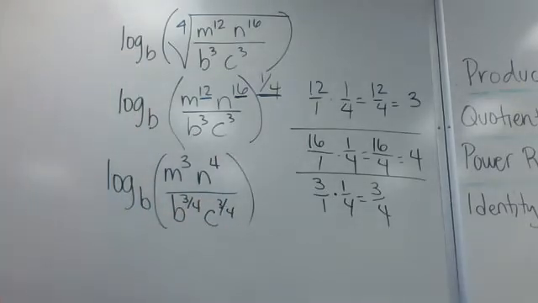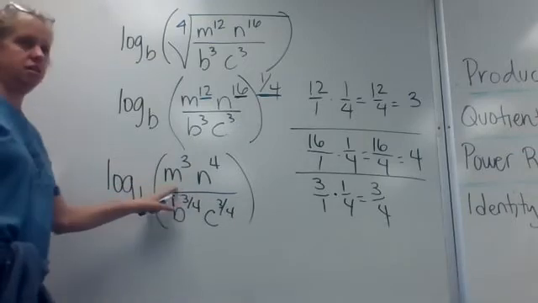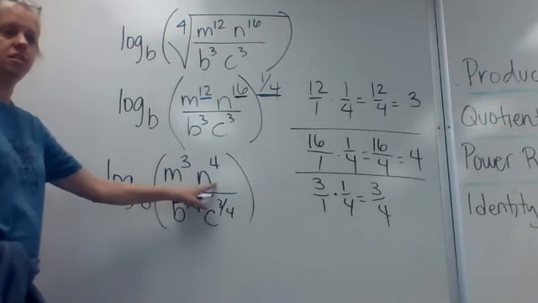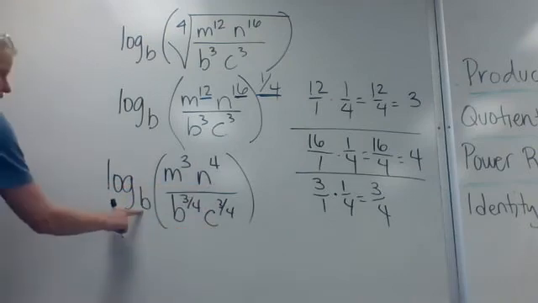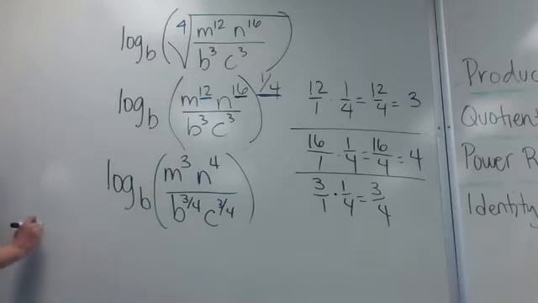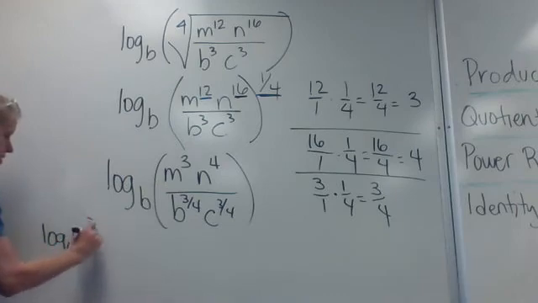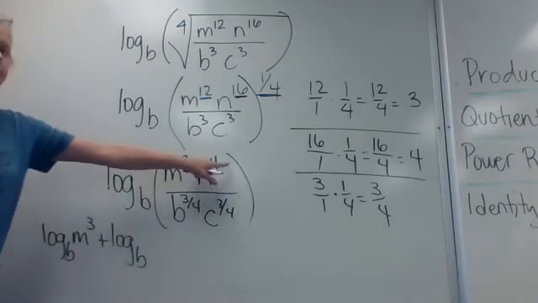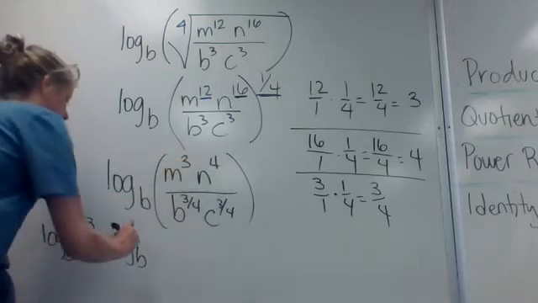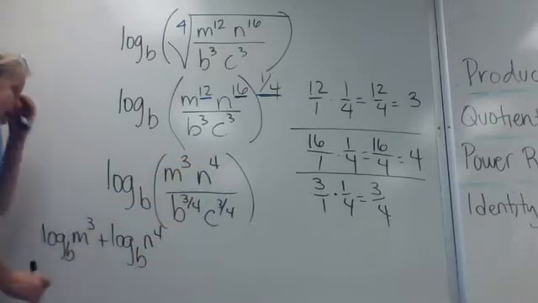Now I can write it as a sum and difference. So the top will be the adding ones minus the denominator. What is this going to start off with? Log base b of m to the 3rd plus log base b of n to the 4th, and subtract the denominators.